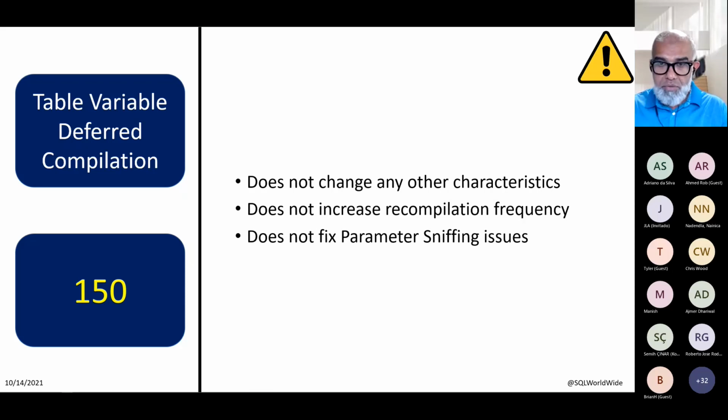Later on, if you are using the same plan but the number of records in the table variable changes, this really doesn't change the query plan any further. So if your table variable row counts vary significantly across different executions, you might not see an improvement.